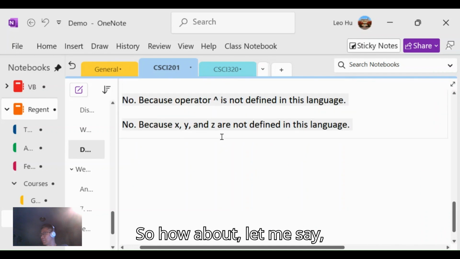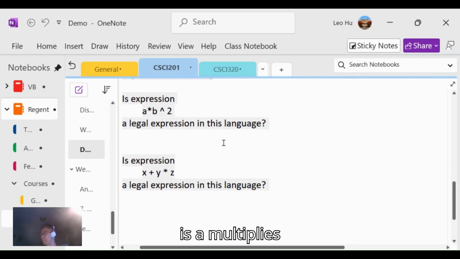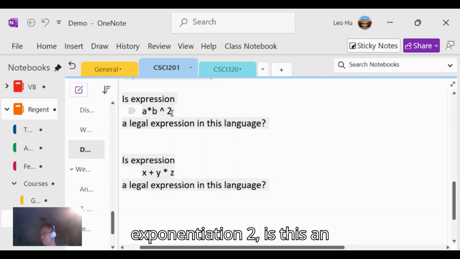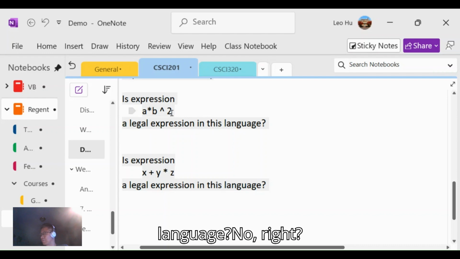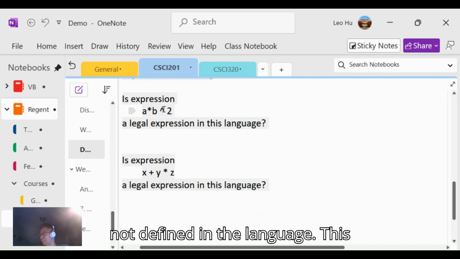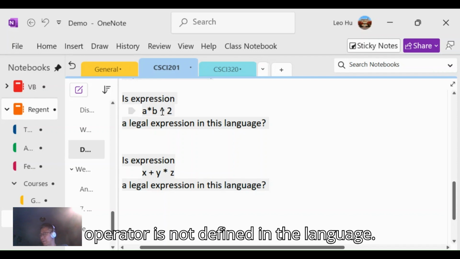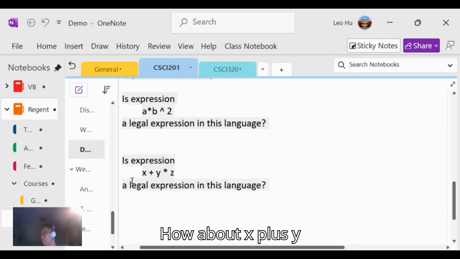So how about A multiply B, B's exponentiation 2? Is this a legal expression in this language? No, right? Because the exponent operator is not defined in the language. How about x plus y multiply z?